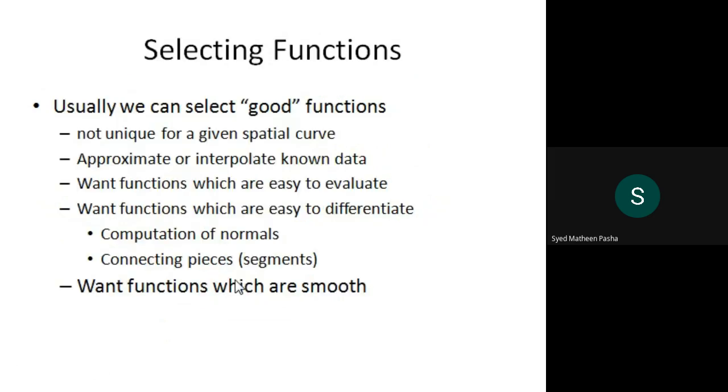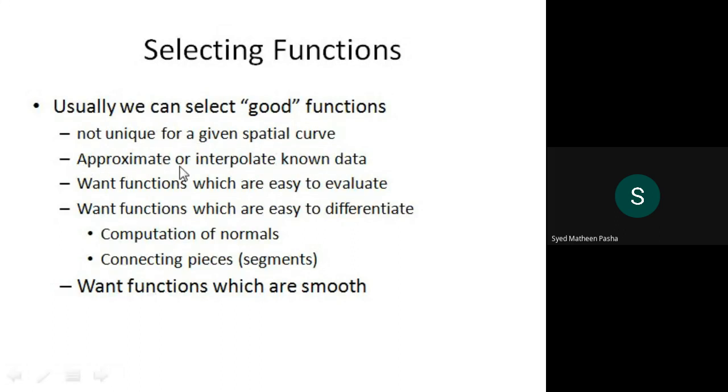Then we have some functions related to curves. How do you select such functions so that the smooth functioning of the program works with respect to OpenGL? Usually, we can select good functions. The function is not unique for a given spatial curve. That is, that particular function should not be unique with respect to the curve.